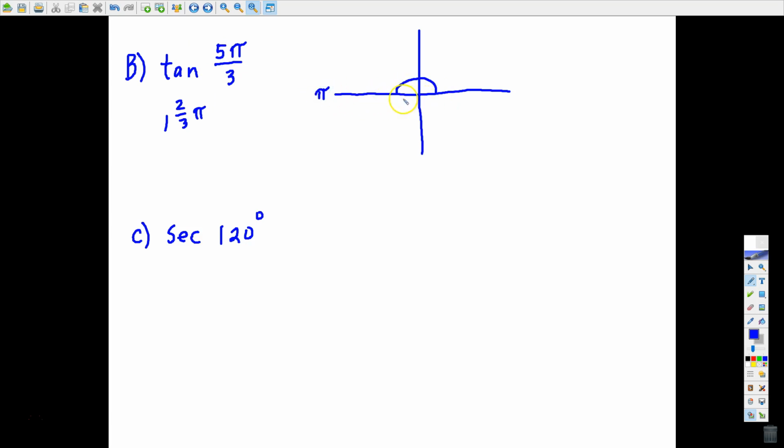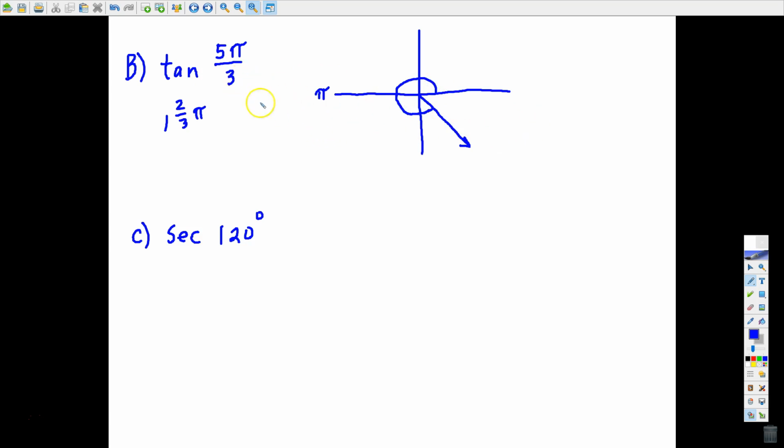And then we're going to go another 2/3 pi. So we're not going to go all the way around, but we're going to go 2/3 of the way around. And we don't have to get too exact. We just need to have an idea of what quadrant this terminal side is going to fall in. All right, so here is the angle 5 pi over 3.